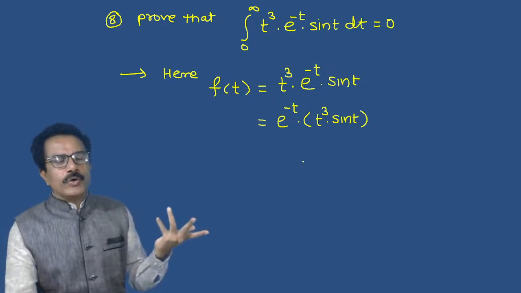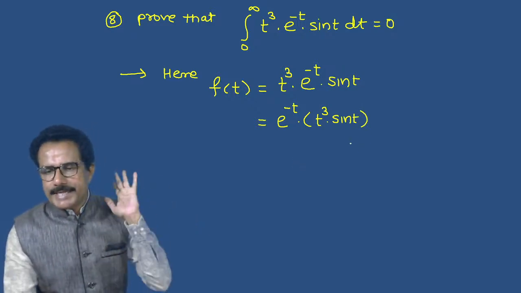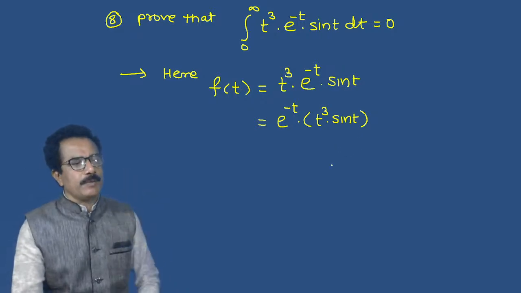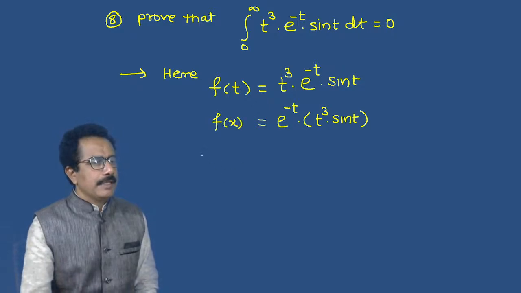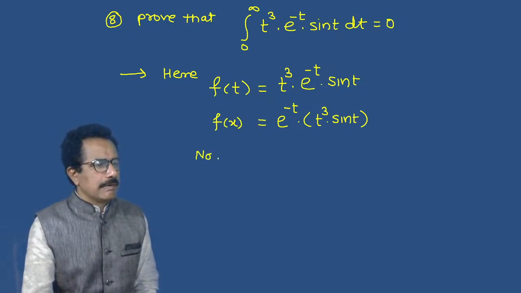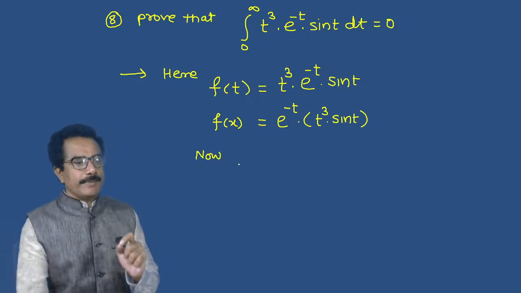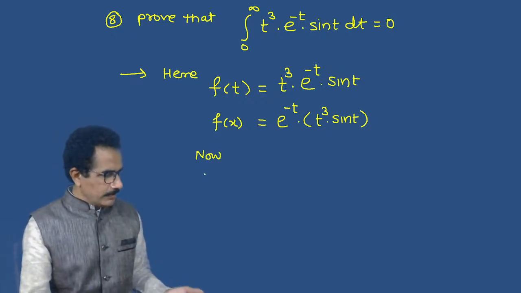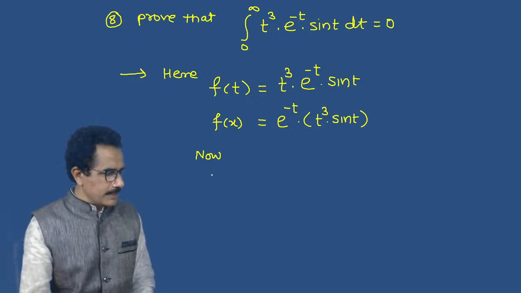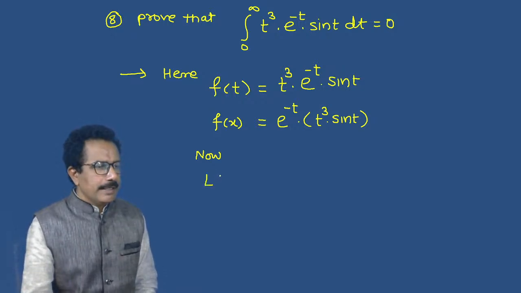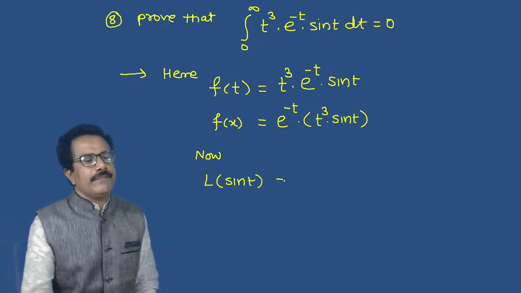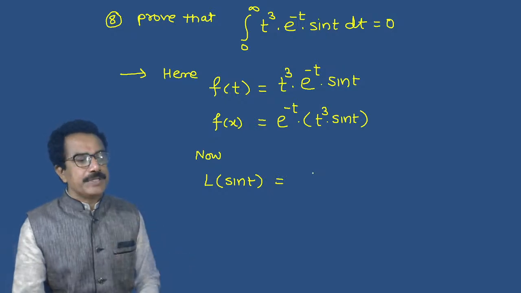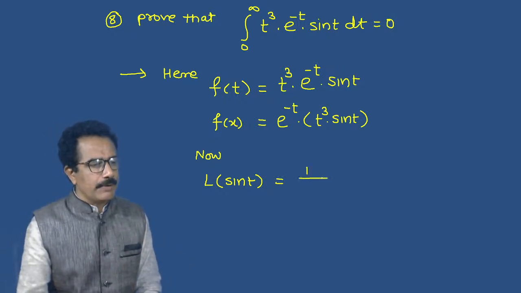Now you know the Laplace transformation of sin t. Who can tell me the Laplace transformation of sin t? L of sin at is a divided by p square plus a square, means 1 divided by p square plus 1.